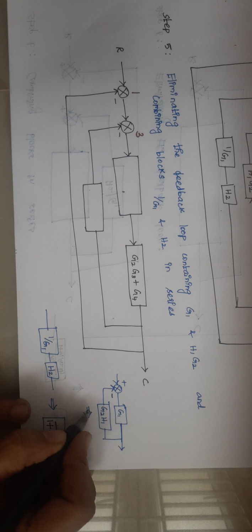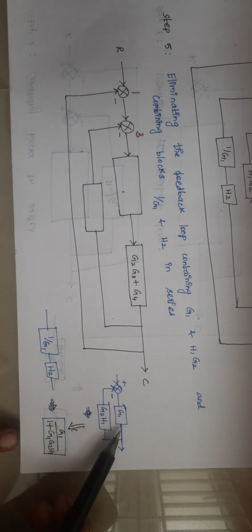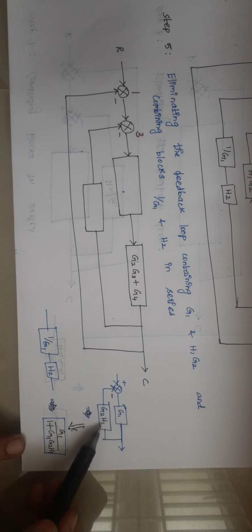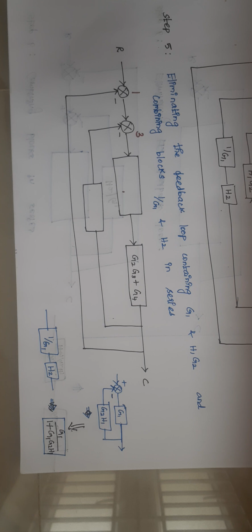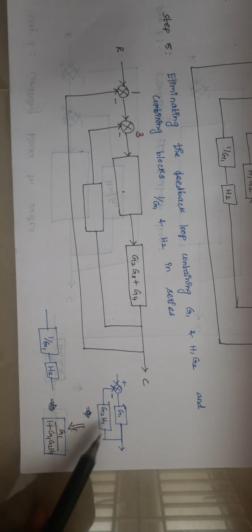So G1 is the feed forward element and G2 H1 is the feedback. Eliminating the feedback loop, this is our rule number 10: G1 divided by 1 plus G1 multiplied with G2 H1.